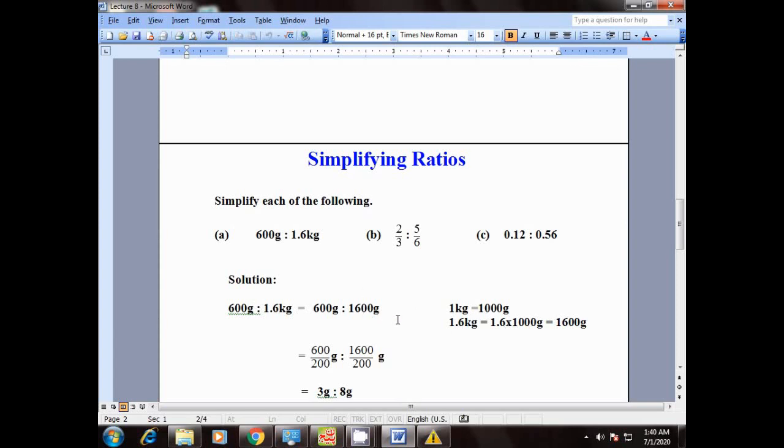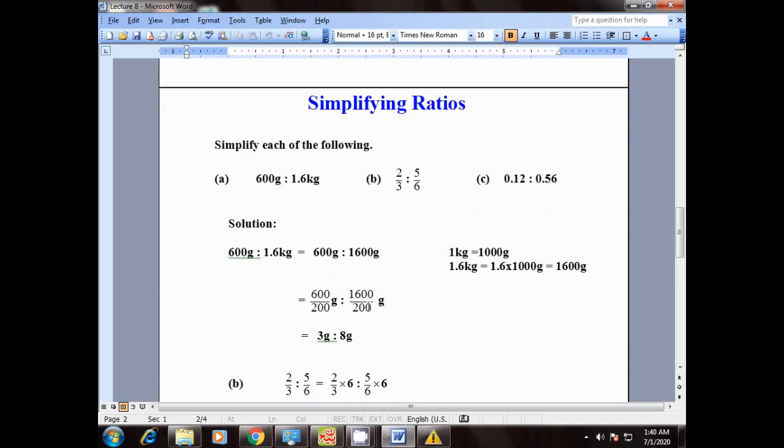Now let's divide this 600 gram and 1600 gram by a constant number 200. This is the method of simplifying the given ratios. We can divide the quantities by the same number, or we can multiply both quantities by the same number.